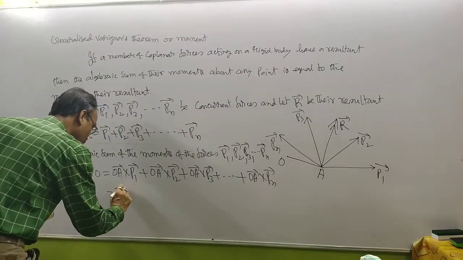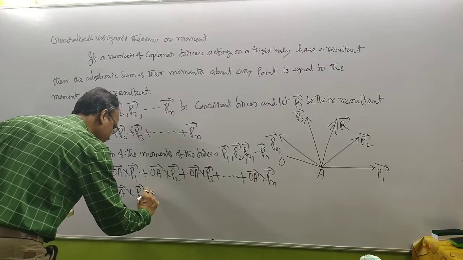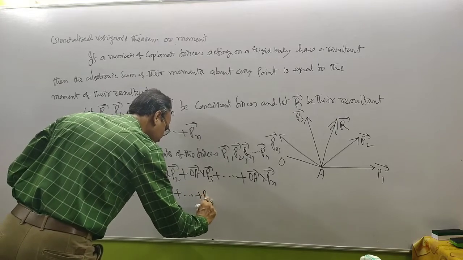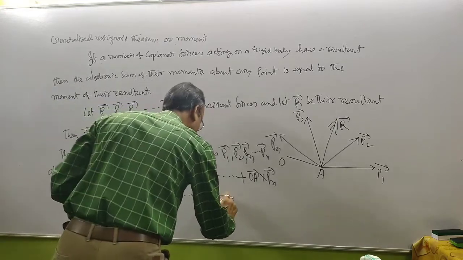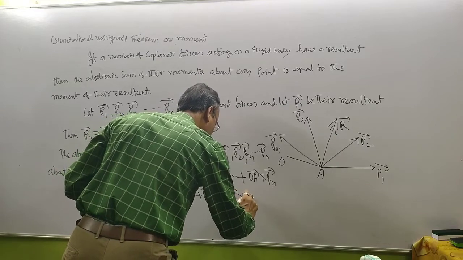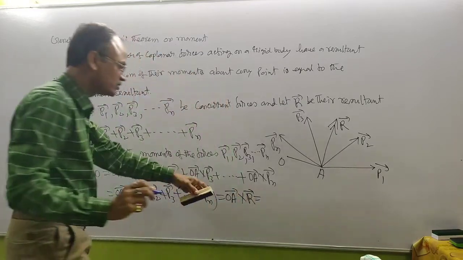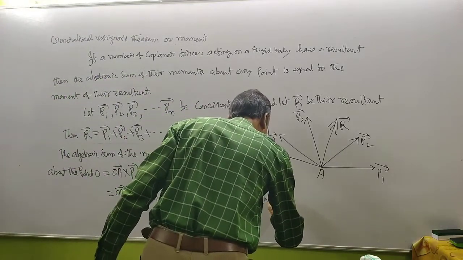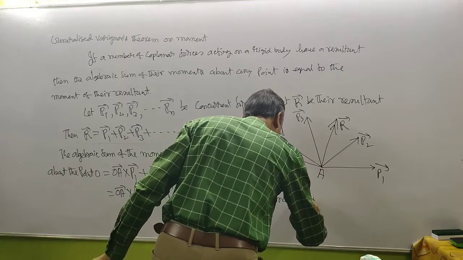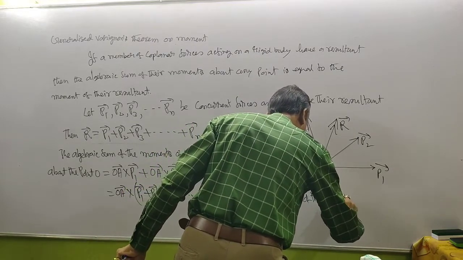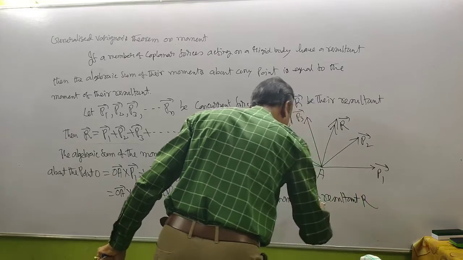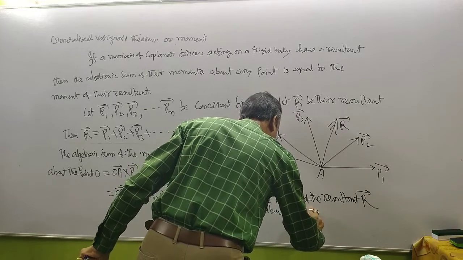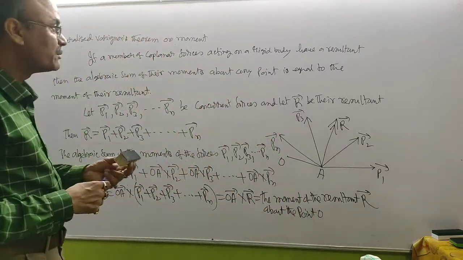From this you may write OA cross (P1 plus P2 plus P3 plus up to Pn). This is equal to OA cross R vector, which is the moment of the resultant R about the point O.